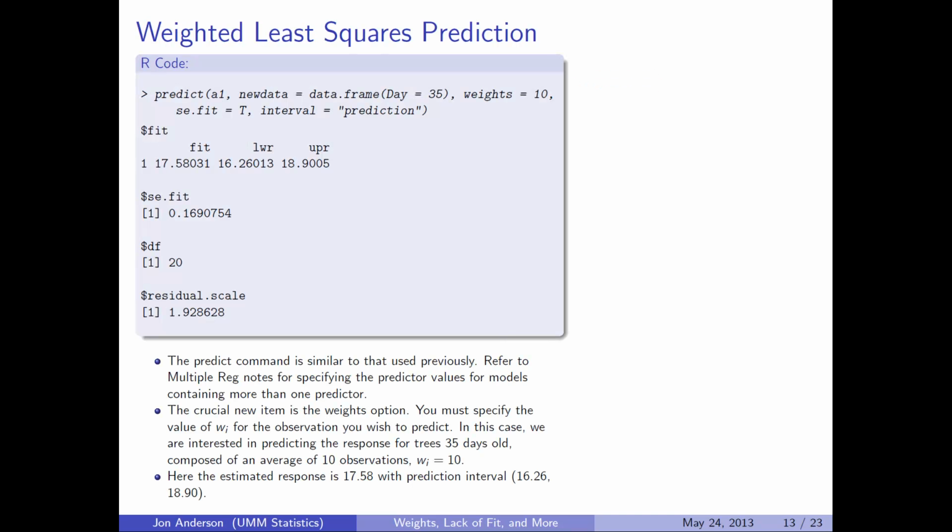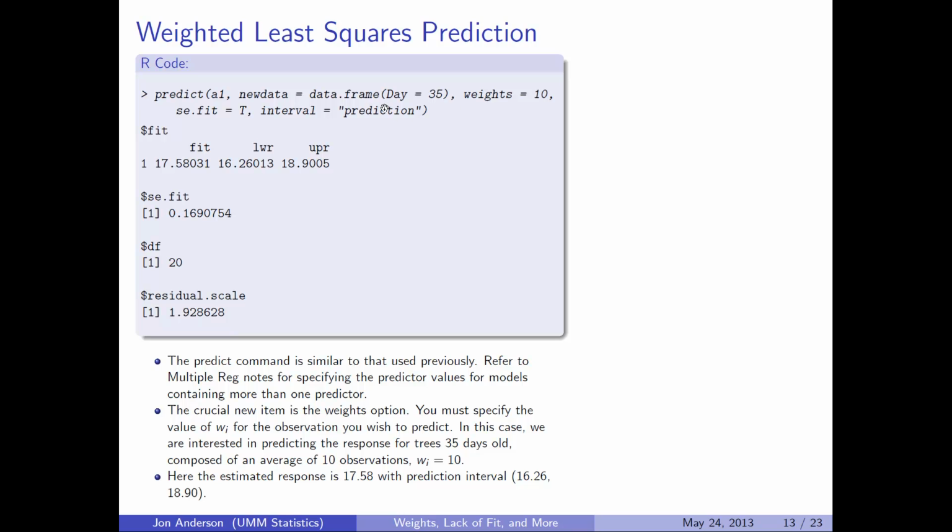Looks very good. What if we want to do a prediction, like predict the average number at, say, day 35? Well, what we do is we use the predict command. We use our weighted least squares model. We specify a data frame that has an observation of day 35 in it, and we're going to say that this observation is based on 10 measurements.